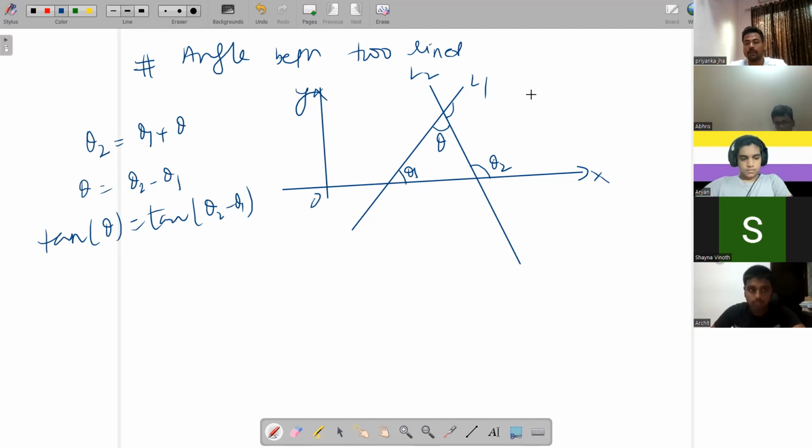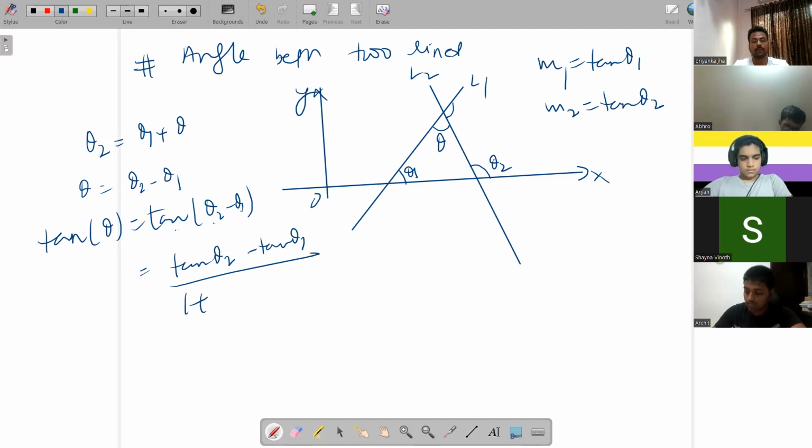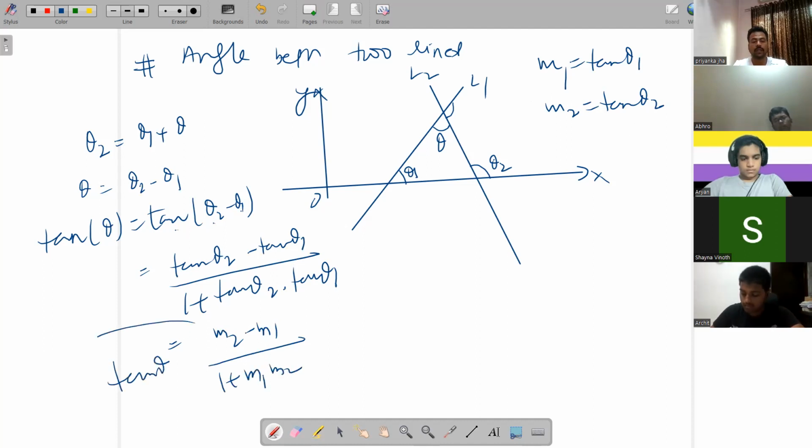Now you see, suppose slope of line 1 is m1, that is tan theta 1, and slope of line 2 is m2, that is tan theta 2. Here, apply the formula of tan (A minus B), that is tan A minus tan B upon 1 plus tan A into tan B. So tan theta is how much? M2 minus M1 upon 1 plus M1 into M2. So this is tan theta.